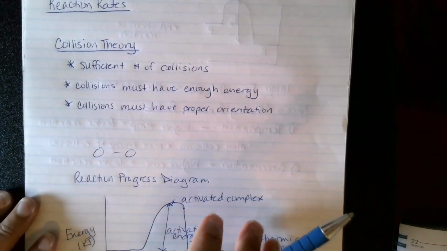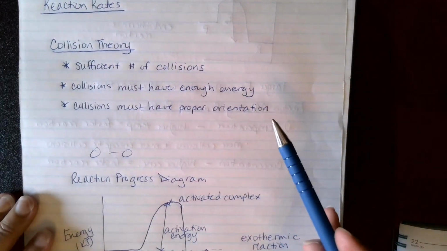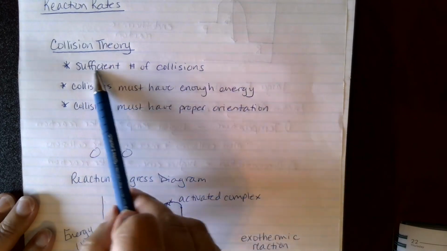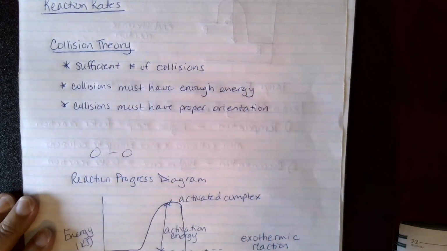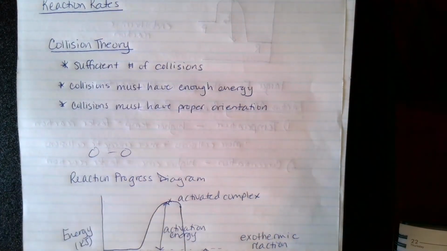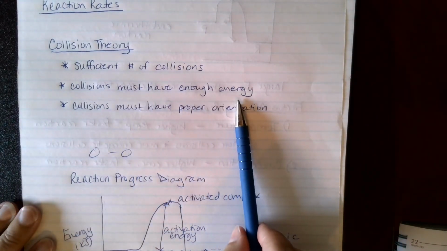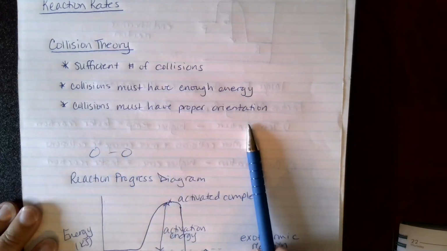Alright, so if I have more particles packed into my container, they're going to hit each other more often. So I'm going to have more collisions occurring. And if I have more collisions occurring, the reaction should go faster. And if I have more collisions, odds are that enough of those are going to have the right amount of energy, and hopefully enough of those have the proper orientation.